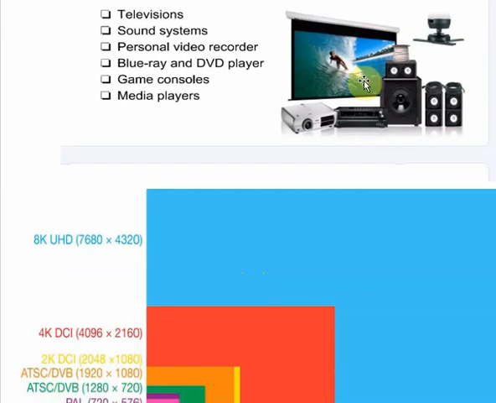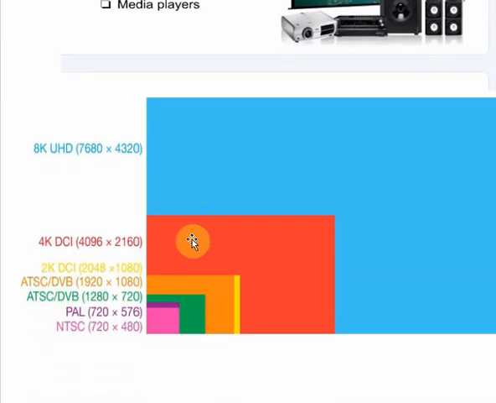Now here when we talk about the resolution, normally we give horizontal and vertical, right? But for higher resolution devices, only the horizontal number will be used. For example, let's say this is supporting 4096 by 2160. This is horizontal, this is vertical.